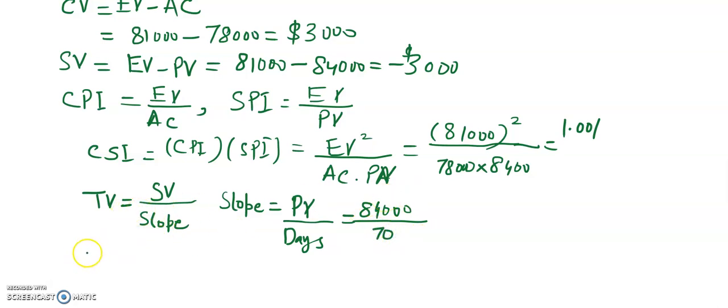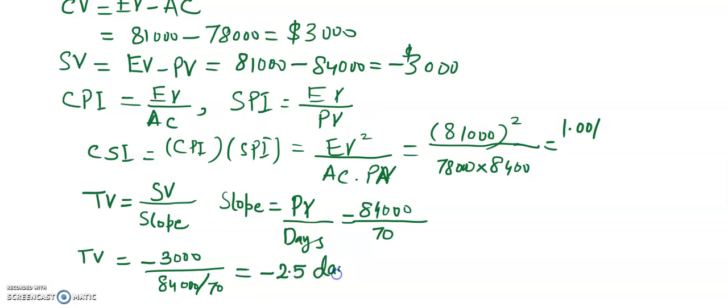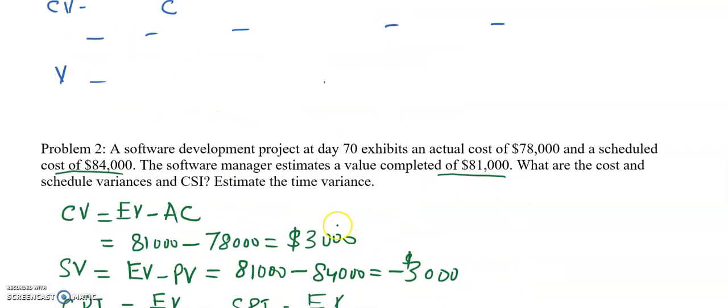Here we can then find the time variance, which is equal to the schedule variance, minus 3,000, divided by the slope. Slope is equal to 84,000 divided by 70. From here we can calculate the time variance. The value is exactly minus 2.5, and the units are time units, which in this case are days.